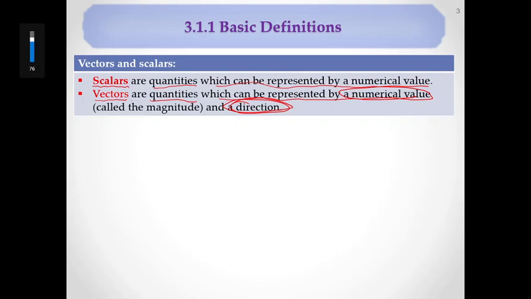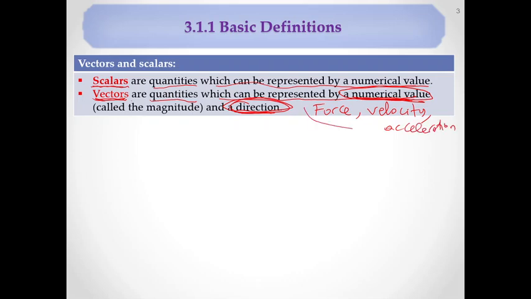So a scalar just has a numerical value, like height, for example, but a vector has a numerical value and a direction. It's like force. Most of the time the force is a vector in physics, and velocity is another one, and acceleration is another one.